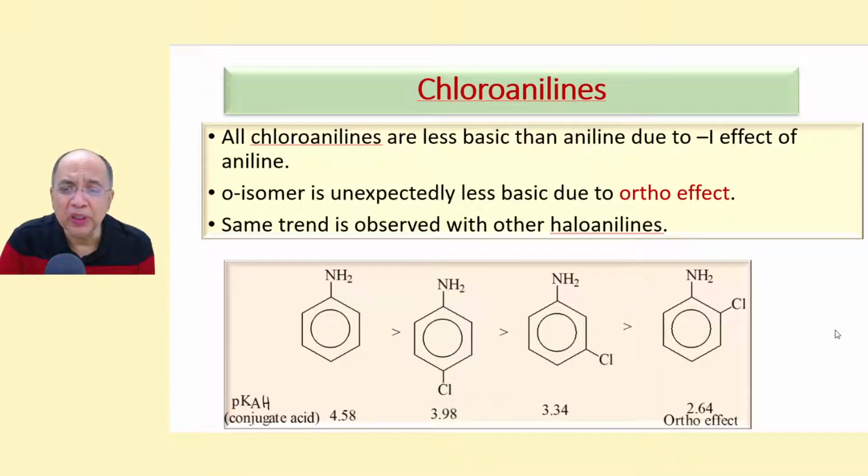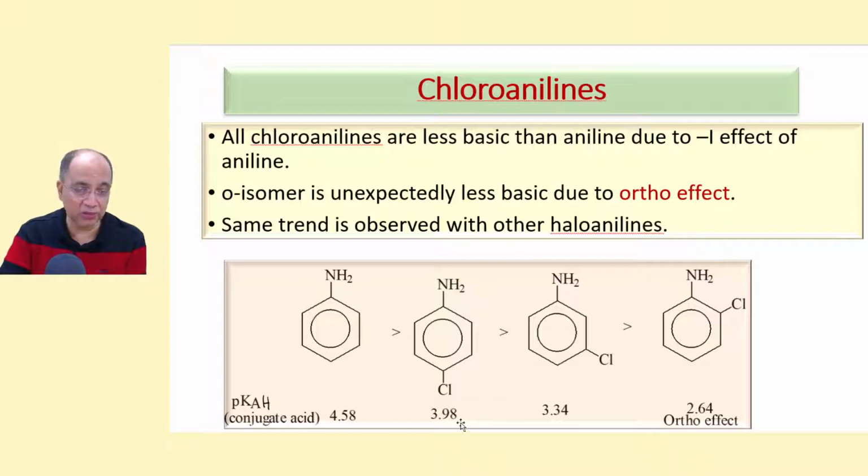Chloroaniline is cool. The nearer the chlorine group is, the less basic it will be, and supported by the ortho effect, it becomes unusually, unexpectedly less basic. It should have been the least basic because of chlorine being closer to the amino group, but it is much less acidic, much less basic than expected because of the ortho effect.